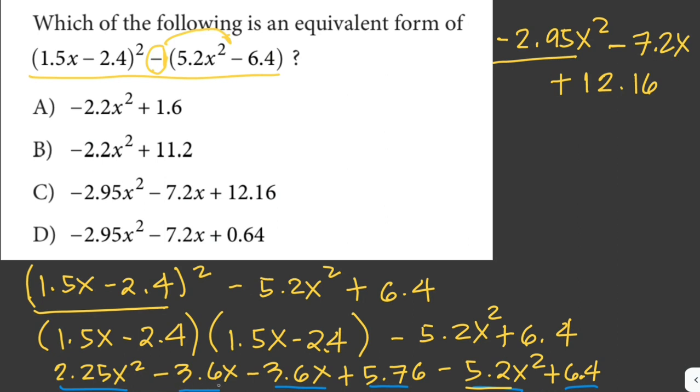And then negative 3.6x minus 3.6x, that would give us negative 7.2x. And then 5.76 plus 6.4, that is equal to 12.16. Therefore, our equation is this one, letter C, negative 2.95x squared minus 7.2x plus 12.16.